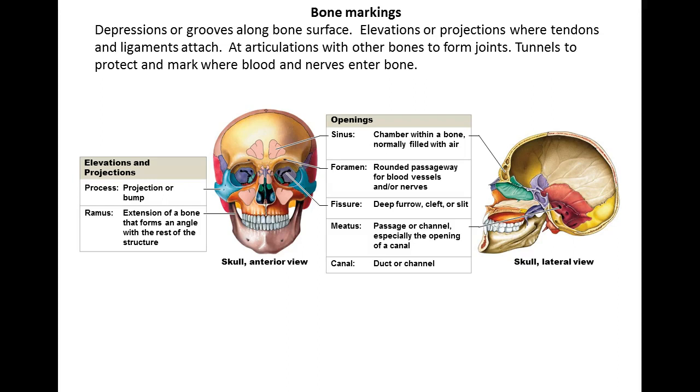A meatus is a passage or channel, particularly an opening of a channel, and a meatus is usually internal, except for in the nose area, I guess. You have a canal, which is just like it sounds. It's an area where something can pass through and be somewhat protected.